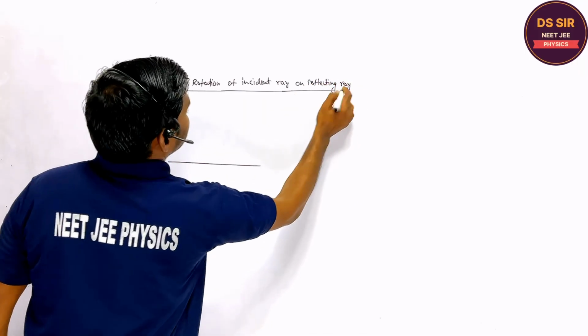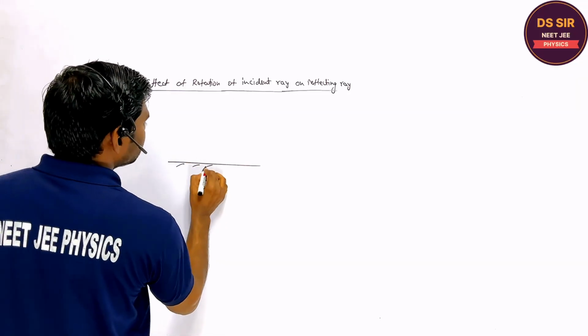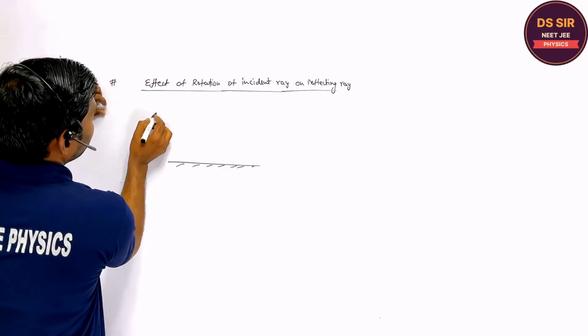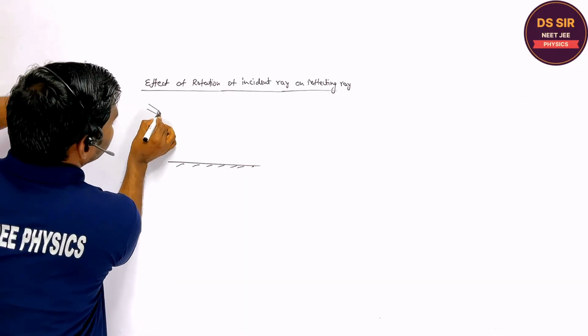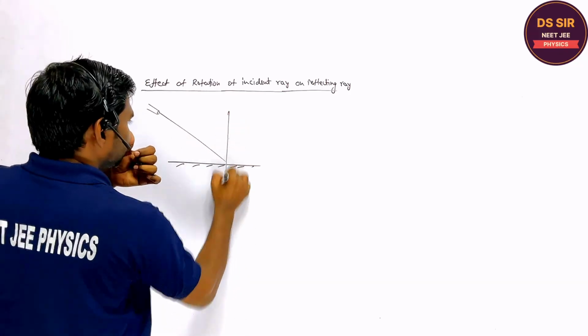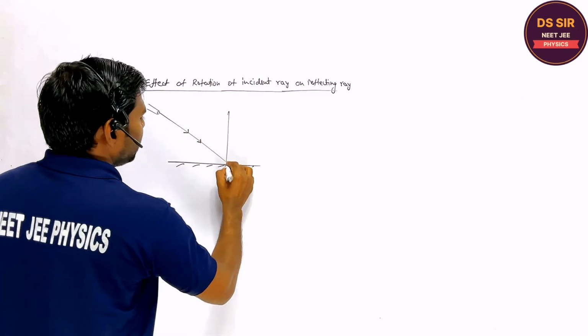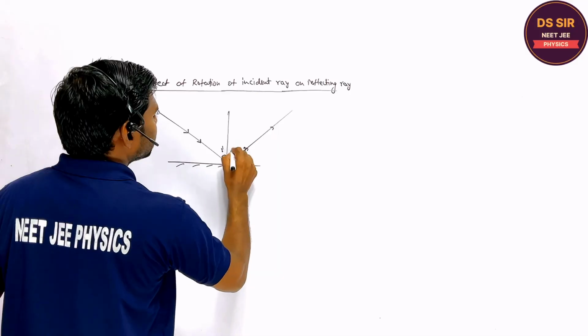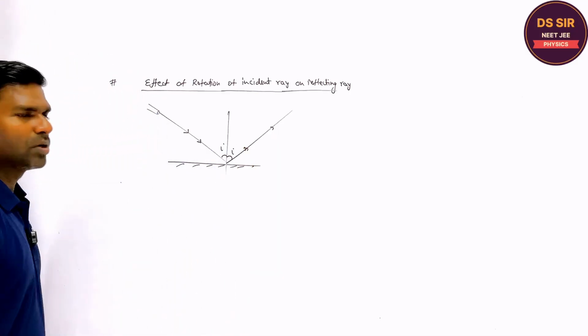Listen, if this is the mirror, is it clear, and this is the torch, and from the torch the light is coming in this way, is it clear? This is the incident ray and it is reflected by the same angle. If this is i, this is i. Is it clear or not, you tell?